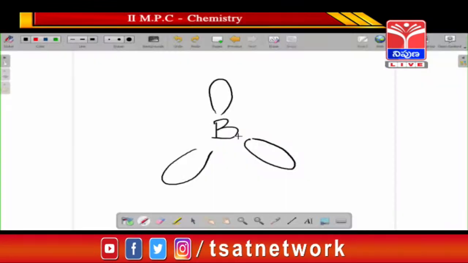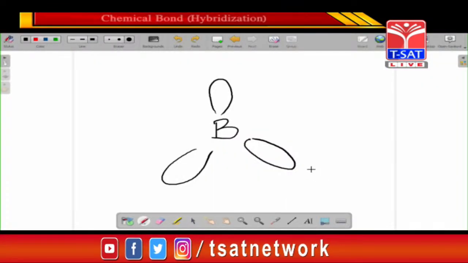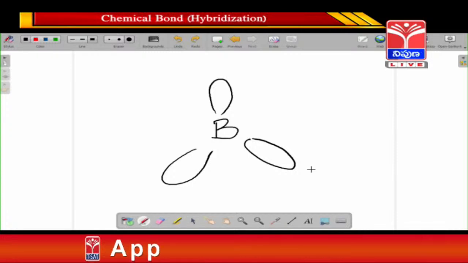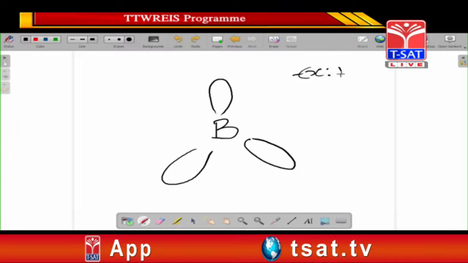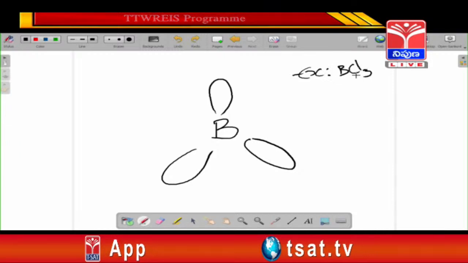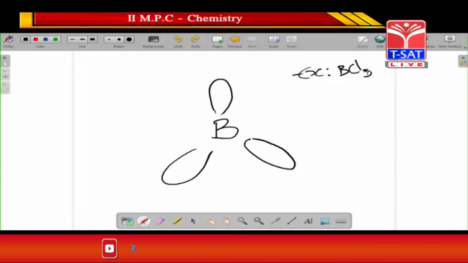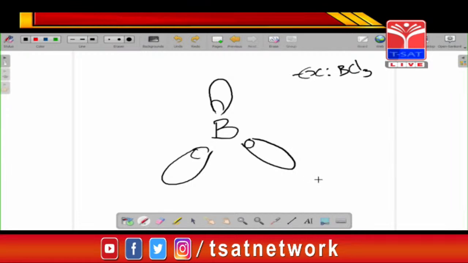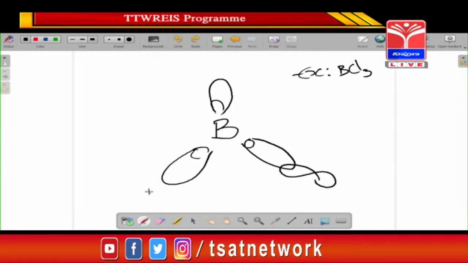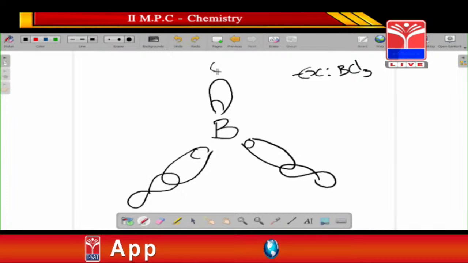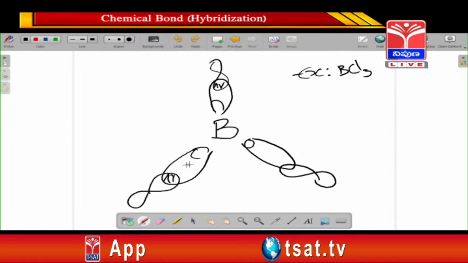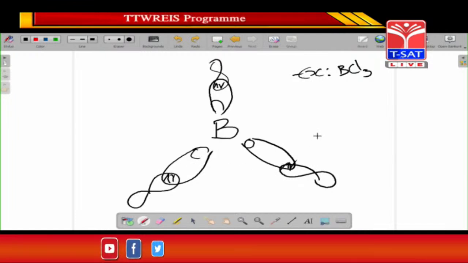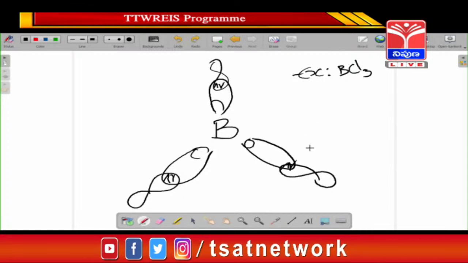shape where it linearly overlaps with chlorine. So we have taken the example of boron trichloride. Here three chlorines will overlap with hybridized boron. So here also we can observe the sigma bond. Why is the sigma bond happening?